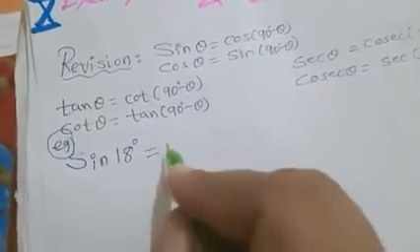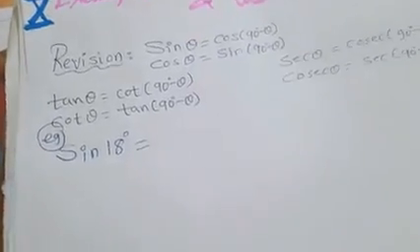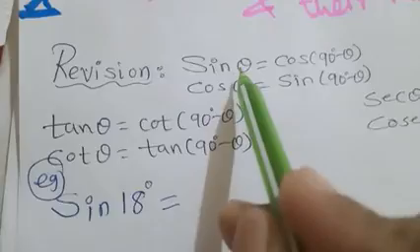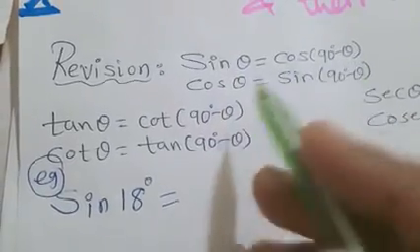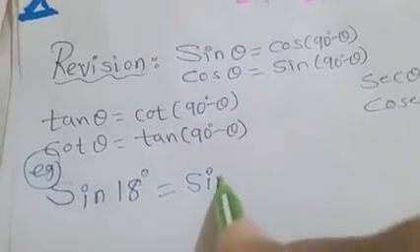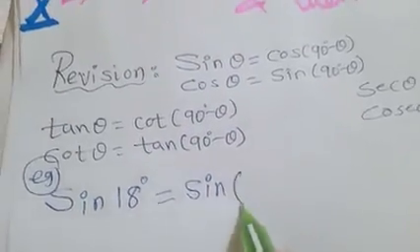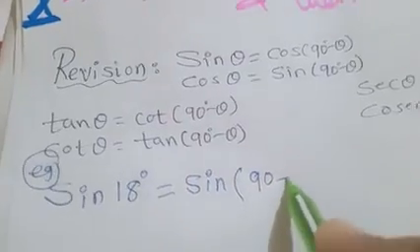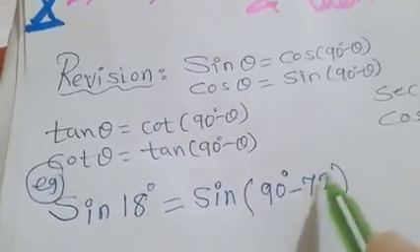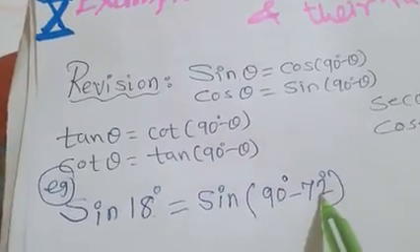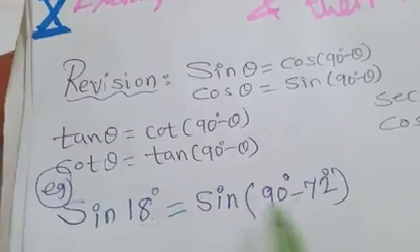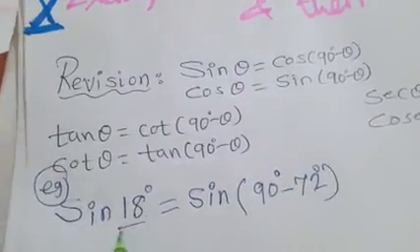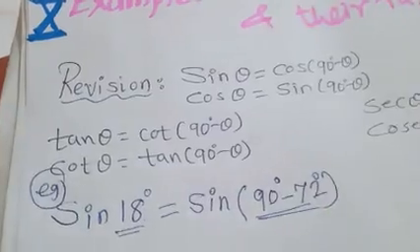Then sin 18 can be written, using sin theta is equal to cos 90 minus theta, as 90 minus 72, because 72 plus 18 is equal to 90. Therefore, we split the 18 as 90 minus 72.